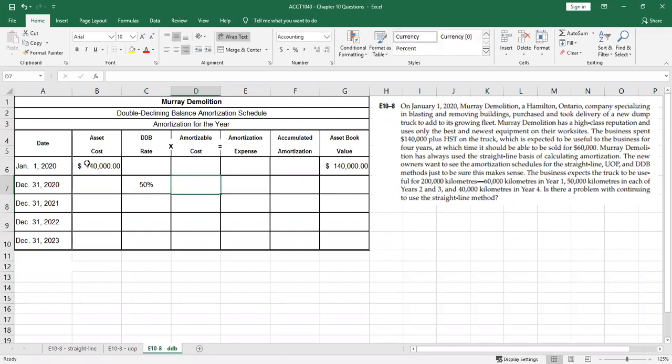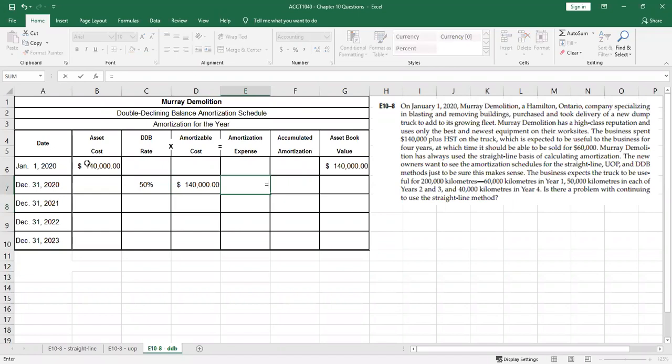The amortizable cost, for the double declining balance method, this is where it's a little bit different. We don't take out that residual value. We don't take it out for this part of the calculation. So the amortizable cost will be the asset cost.